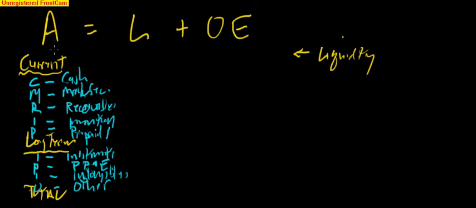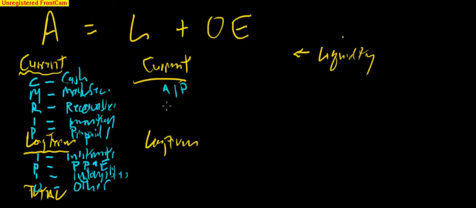Now, the asset part of our balance sheet is the most difficult. Liabilities, we will show current and long-term as well. Typically our current liabilities are things like accounts payable and short-term notes payable.